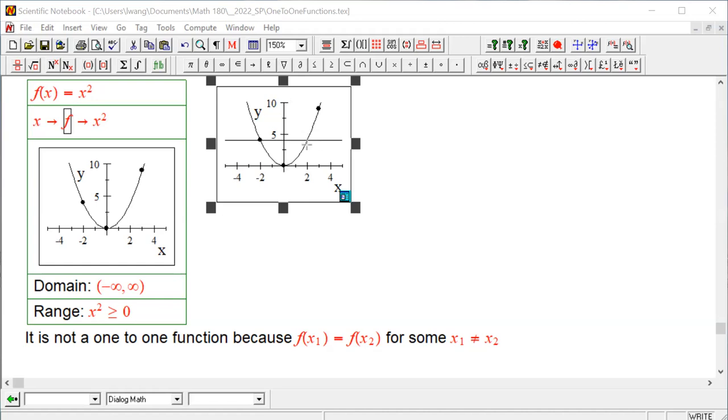When you draw this line, we touch the curve at these two spots. What do these two intersections tell us? It tells us the input is 2 and the output is 4.